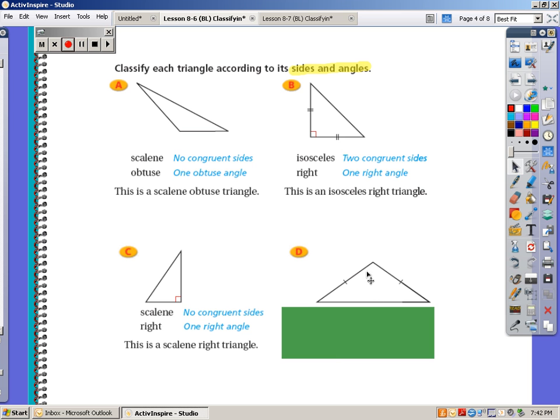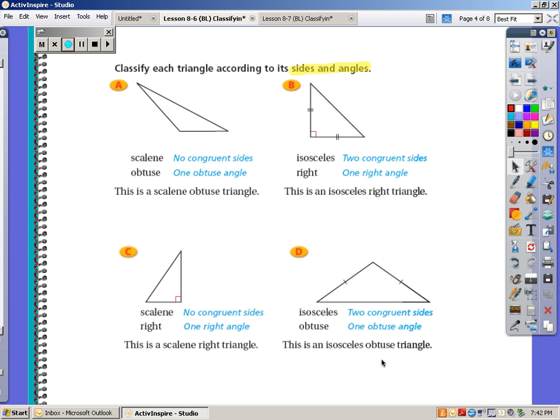In D, I know it's a little hard to tell, but those two sides are the same, so I know it's isosceles, and that pretty much looks like a right angle, but I might have to get out a piece of paper to see. This one says isosceles obtuse.